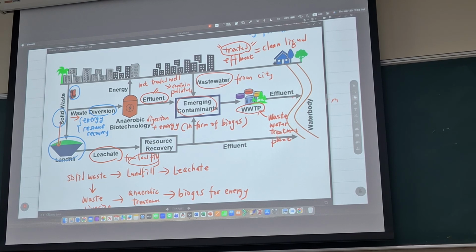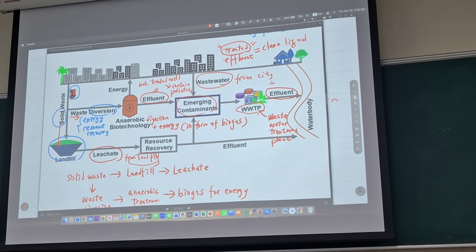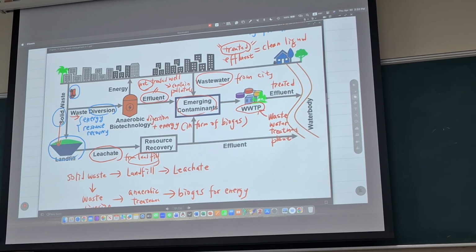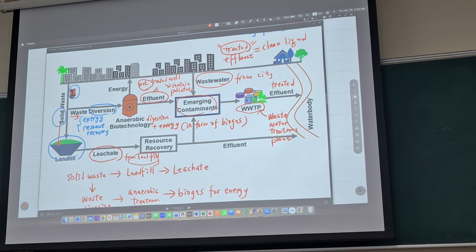And the effluent here, students, I think this is clean, so you can put treated here. You don't need to spend too much money or effort on this effluent, right?